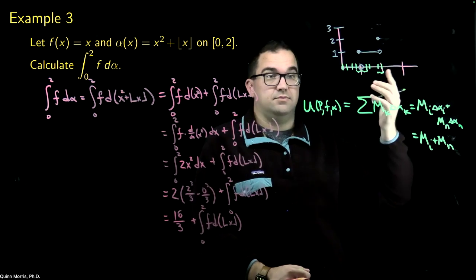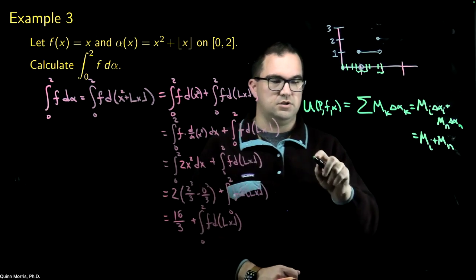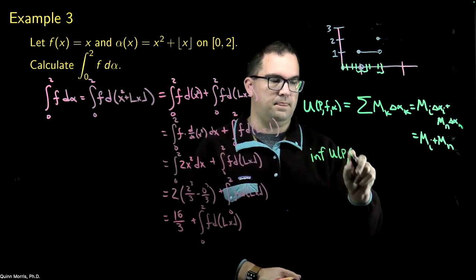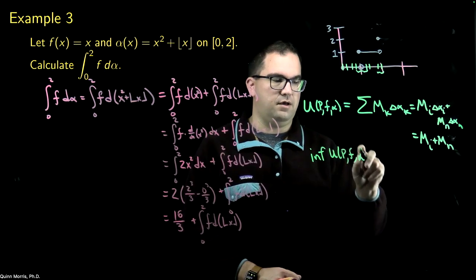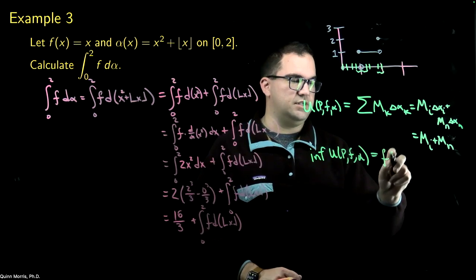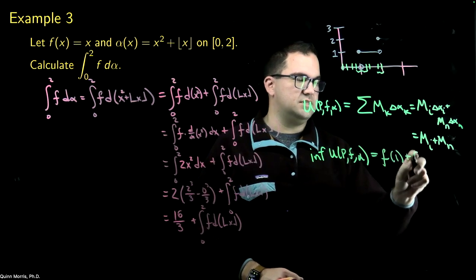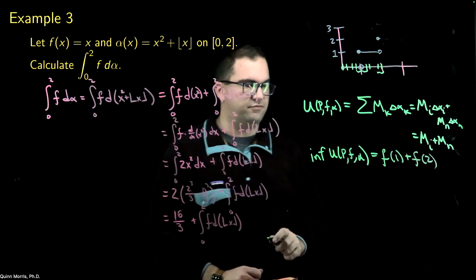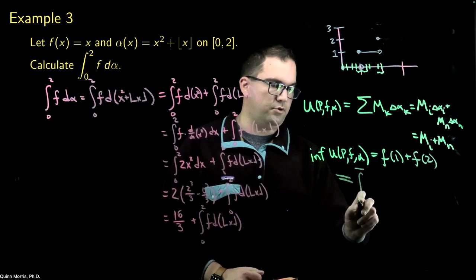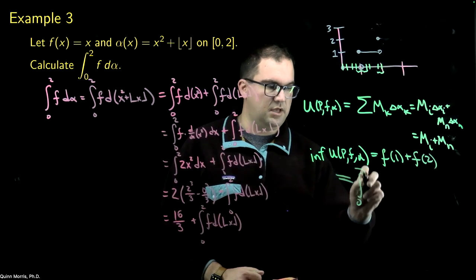And so your maximum is just going to be f of 2. So you get here that the infimum of U(P, f, alpha), basically the smallest this could be over any partition, is f of 1. The smallest this could be over any partition is f of 2. So you have here this infimum is your upper Riemann-Stieltjes sum.